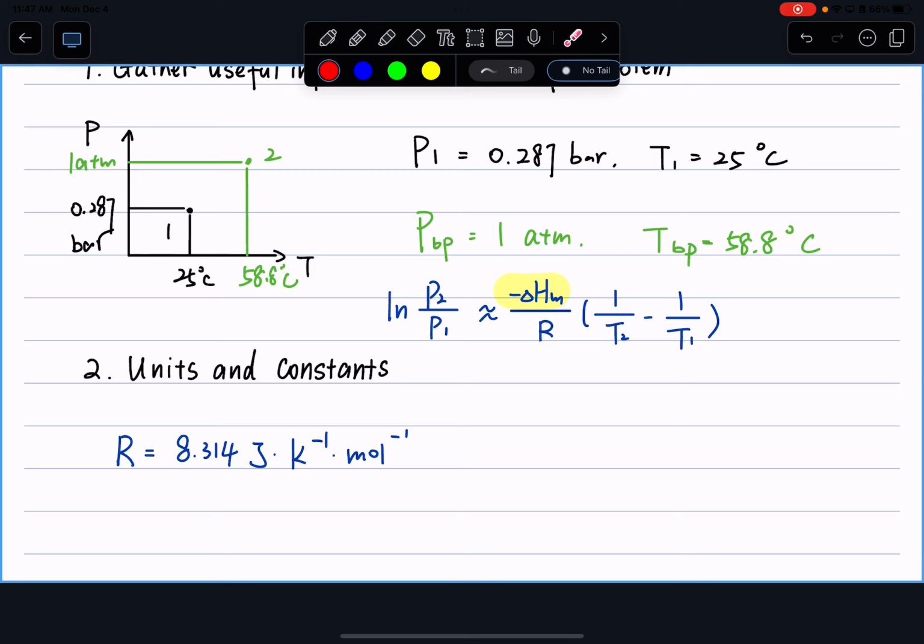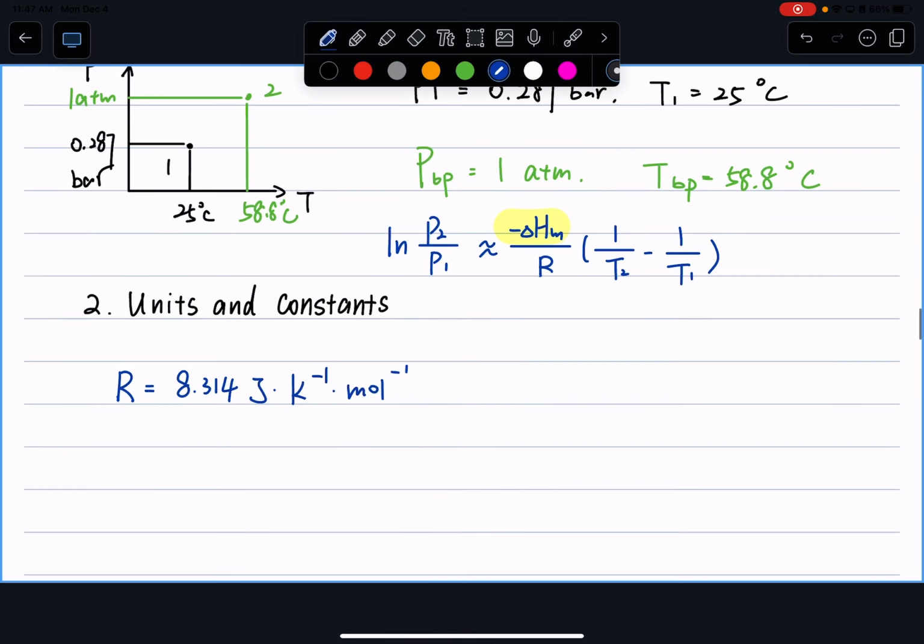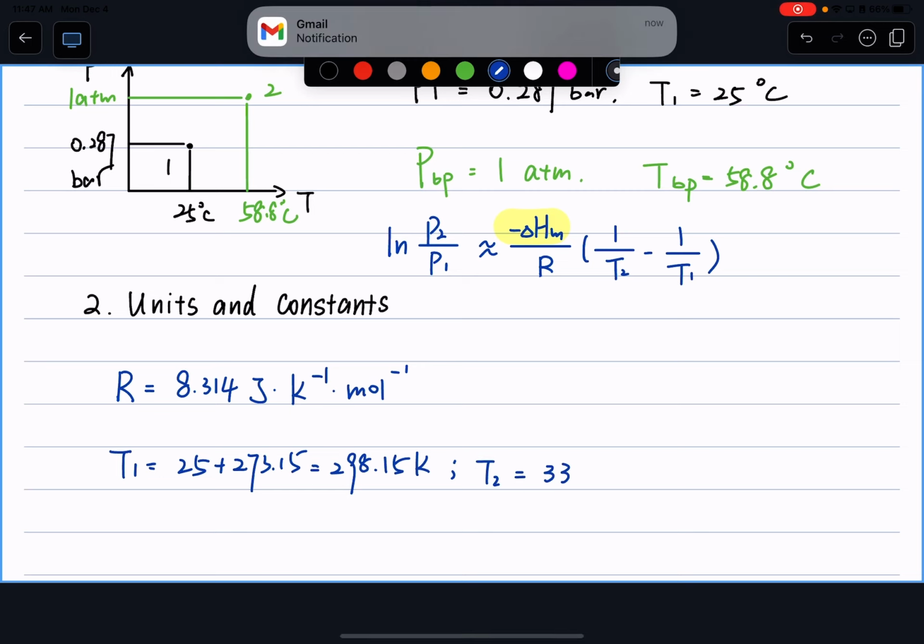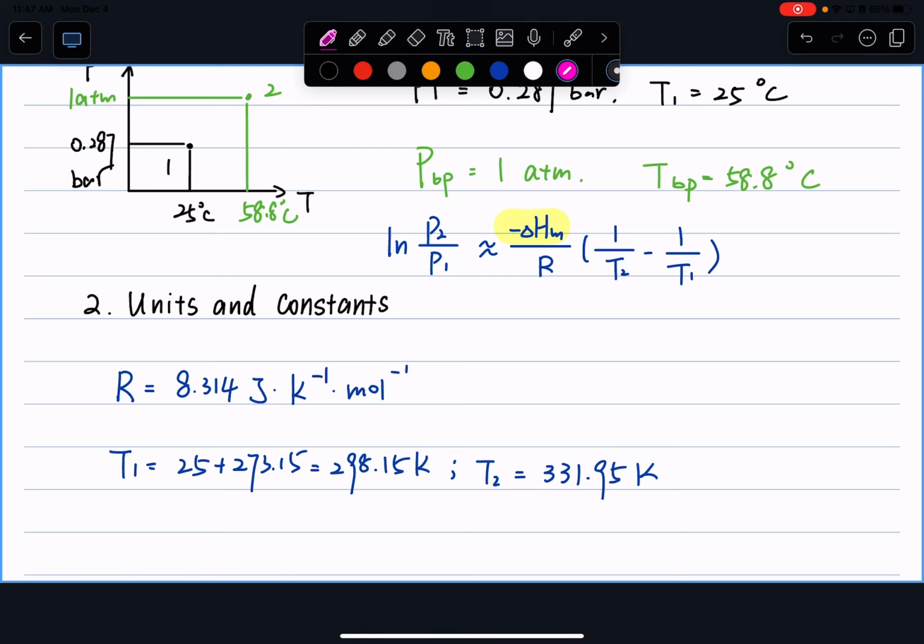Without that transformation, the units do not cancel out. So T1 equals 25 plus 273.15, which gives you 298.15 Kelvin. T2 equals, well, you can do the calculation, 331.95 Kelvin. Again, the reason we have to convert is because we want these units to match up with each other.